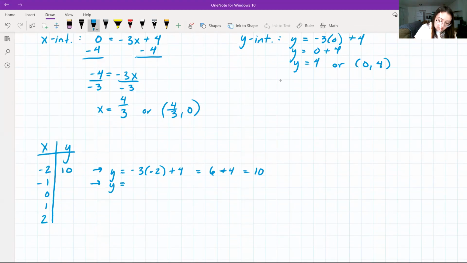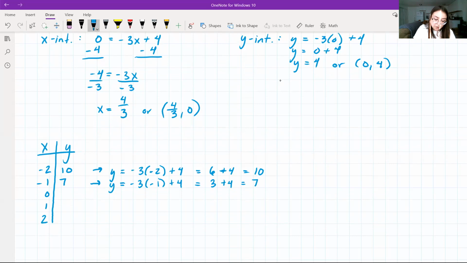Now we want to do negative 1. So we'll say y is equal to negative 3 times negative 1 plus 4. Negative 3 times negative 1 is going to be 3, plus 4. And we're going to get 7. So that's going to be our y coordinate.